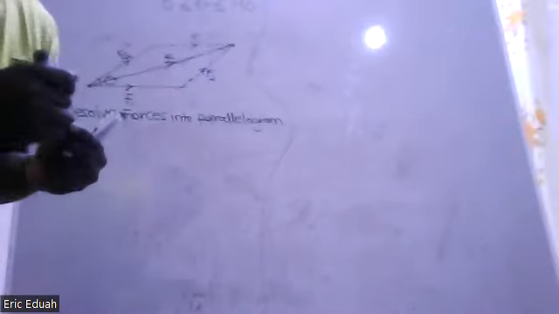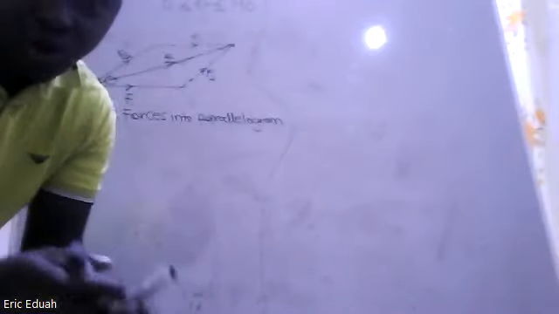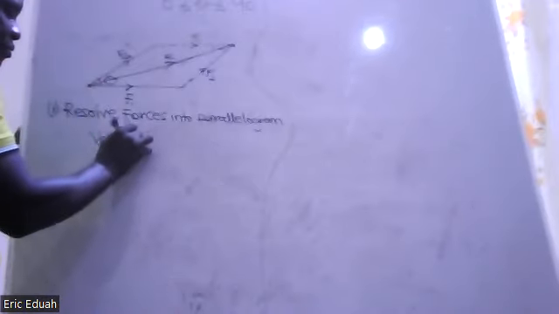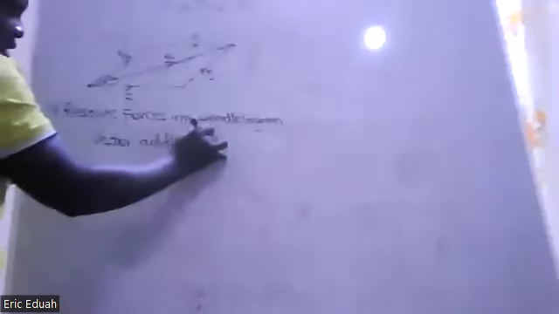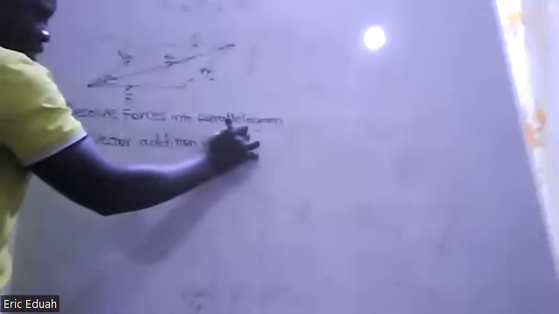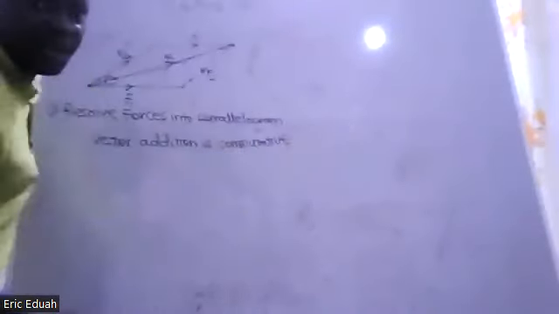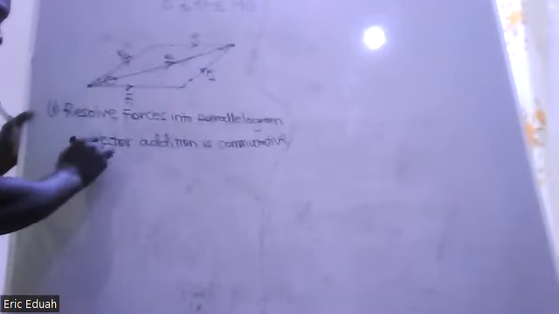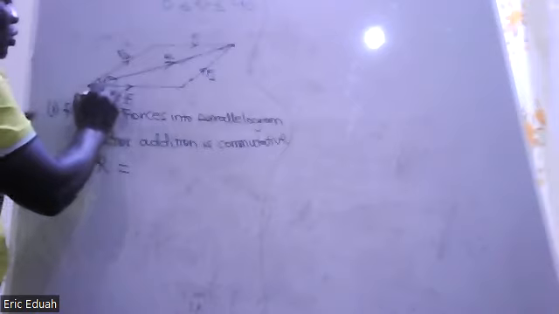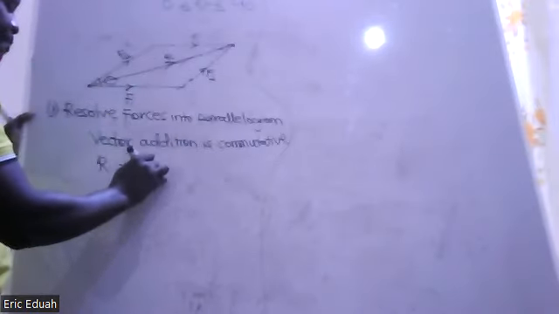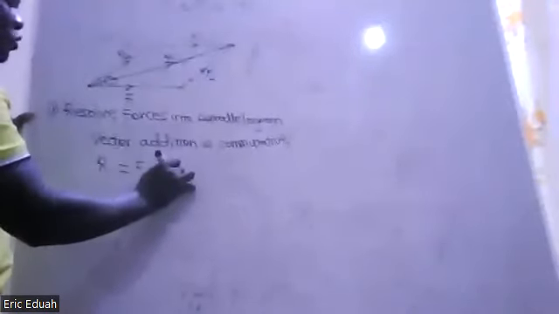Now, vector addition is commutative. This is why we say that vector addition is commutative. You remember that R is equal to this plus this, F1 plus F2.